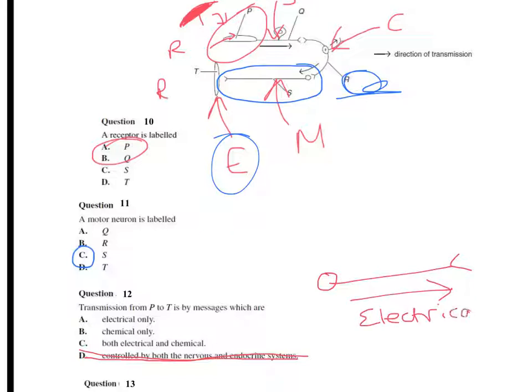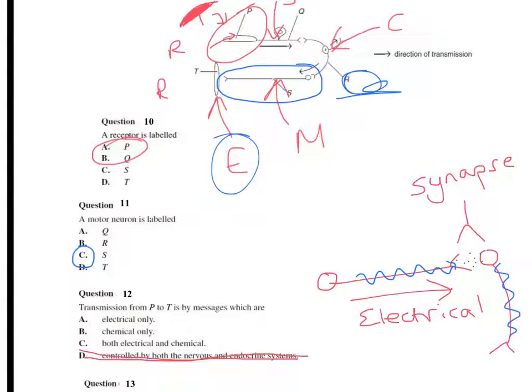But because it's from one nerve, it's then connecting to another nerve, and there is a gap here. And that gap, remember, is called the synapse. And if you remember at your synapse, when the chemical impulse comes down, it causes neurotransmitter to diffuse across the synaptic cleft, which then causes the next neuron to start its impulse.